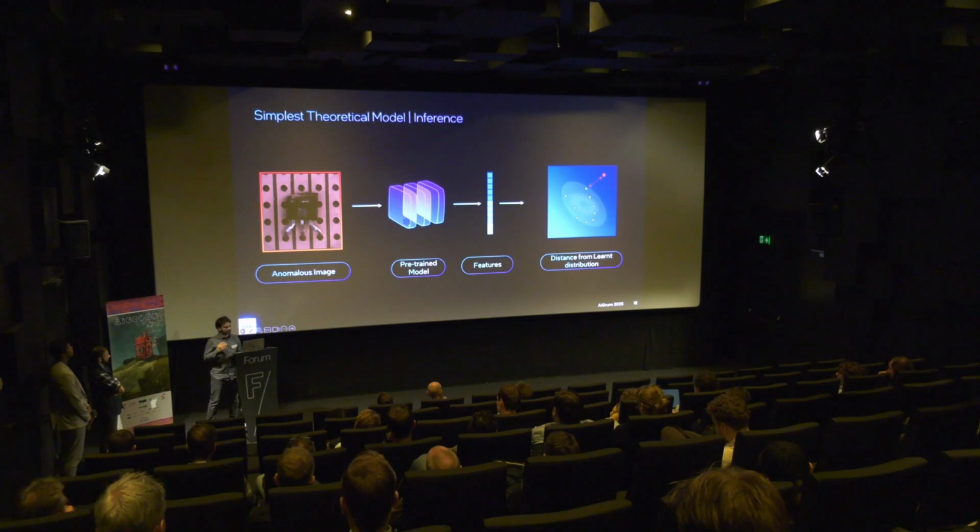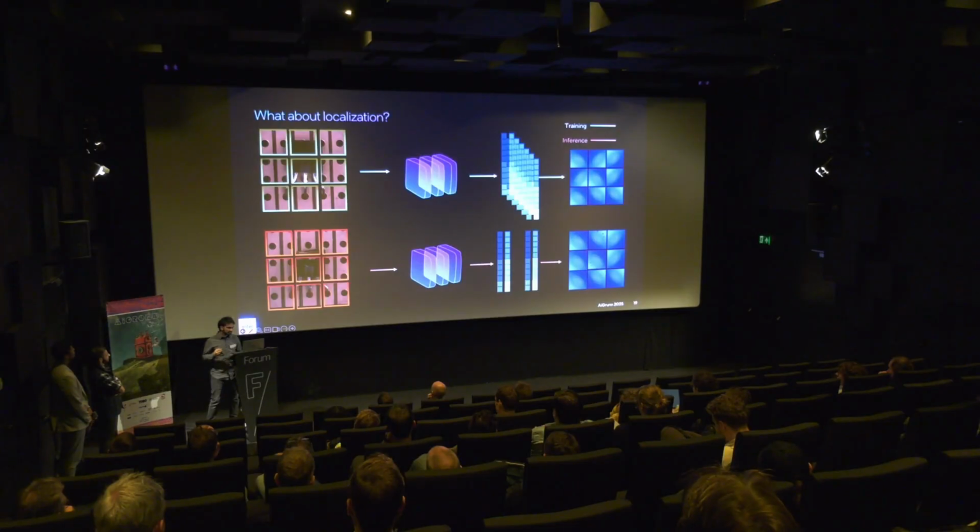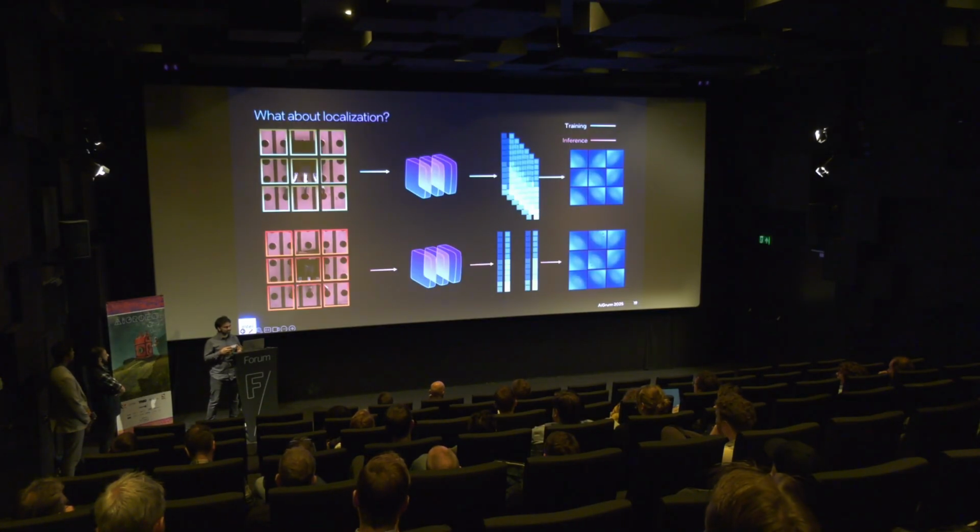And again, just a reminder, all this is done using only normal images for training. Then the question is, in the example I was showing, there was a part which was bright red, which indicated there was some anomaly at that area. How do we do that? We use the same concept, but instead of working at an image level, we divide the image into multiple patches.